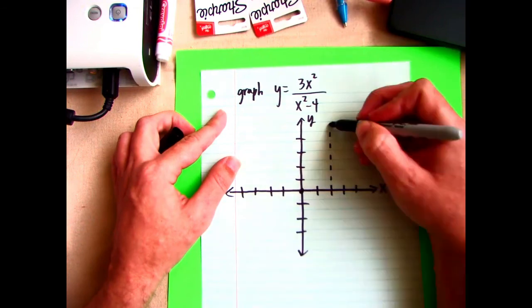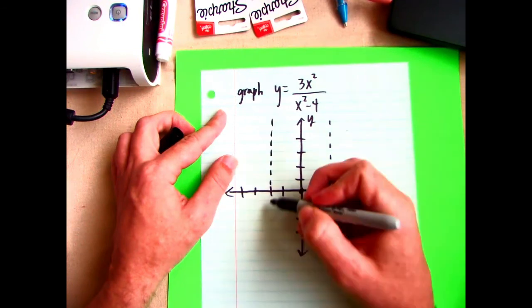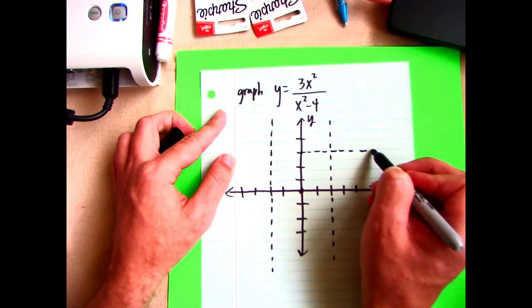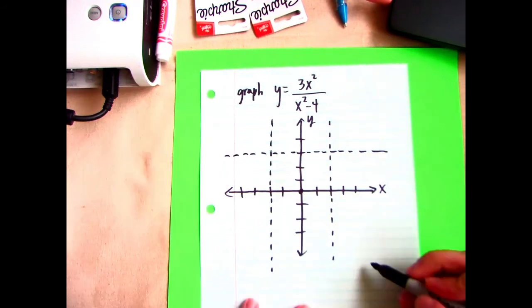So we can draw 2 dotted lines going up, one through x equals 2 and one through x equals -2. And then from step 3, we had a horizontal asymptote through y equals 3. So here are the asymptotes shown in my graph. The graph is going to wrap around these dotted lines.